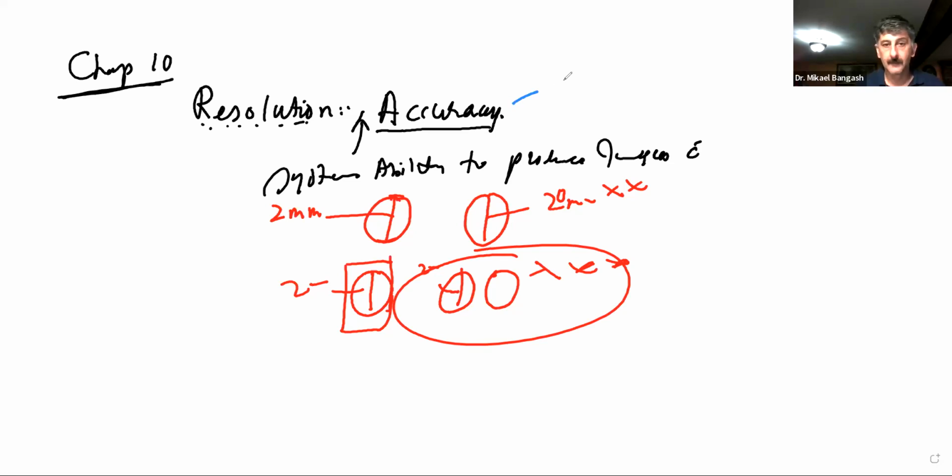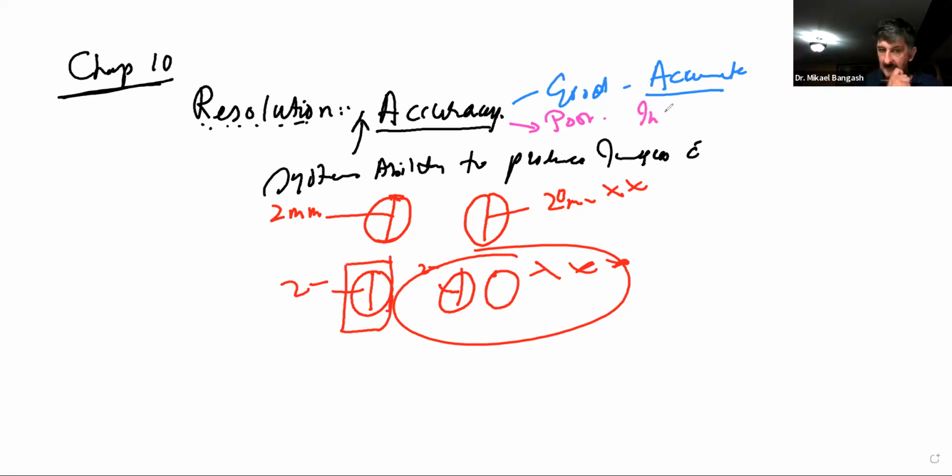So we can mainly say we can have good resolution. And what does that mean? That means the image, or the information that we see on the image, is accurate. Whereas on the other hand, we can have poor resolution. And what would that mean? That would mean some of the things that we see on the image are inaccurate.